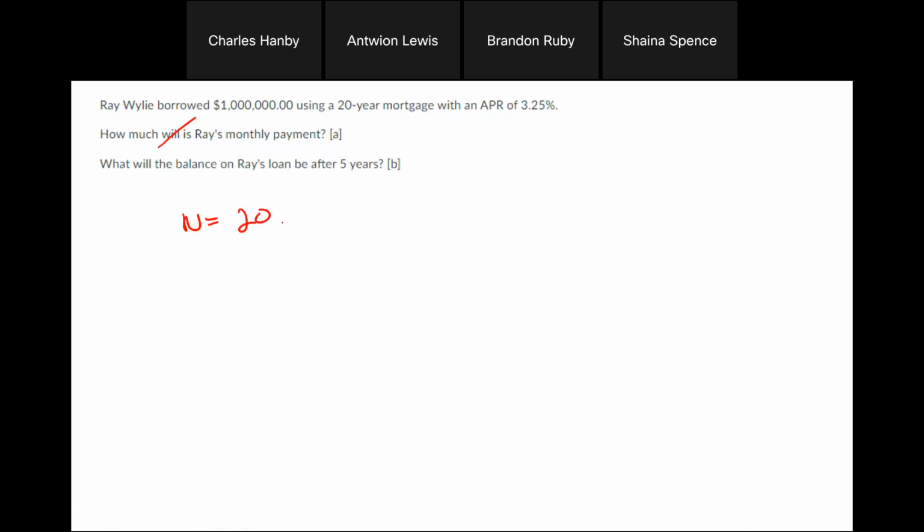So 20 years monthly, that's 240. And if it doesn't say otherwise, it's declining balance.